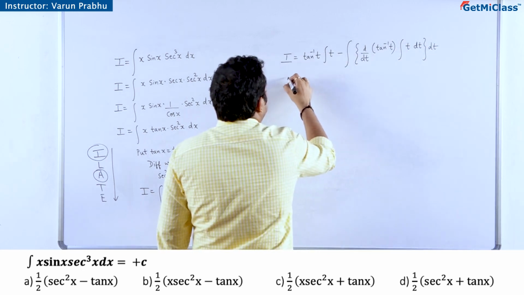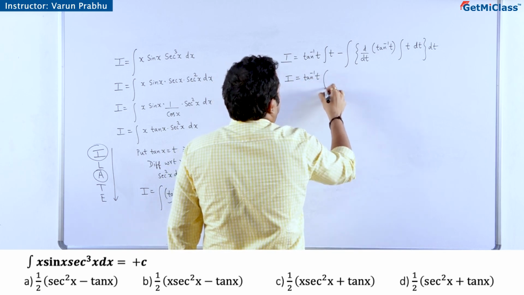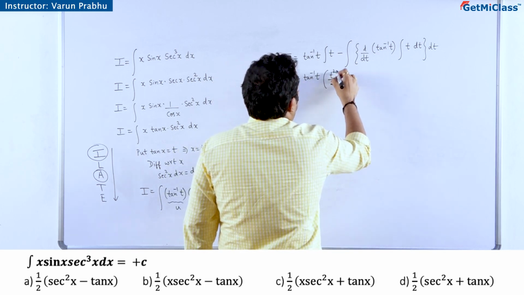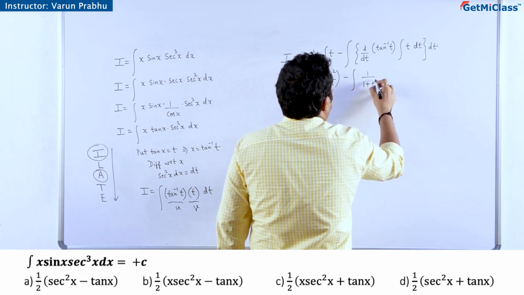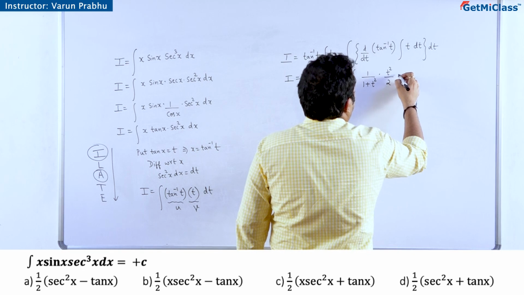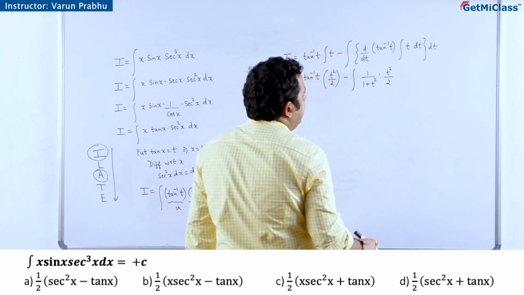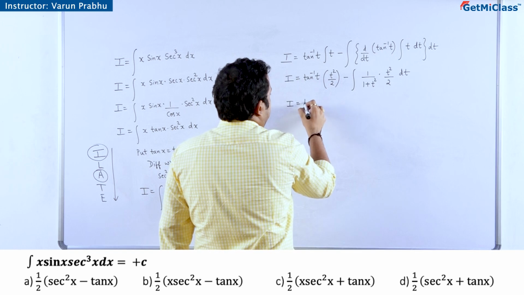So what is your answer that we get? I is equal to tan inverse of t into t square divided by 2 minus integration of 1 divided by 1 plus t square into t square divided by 2 times dt.